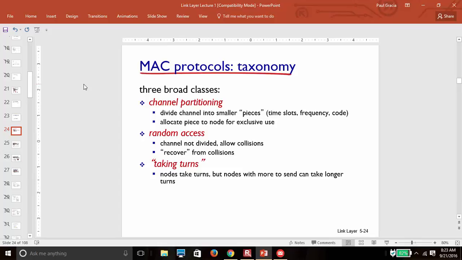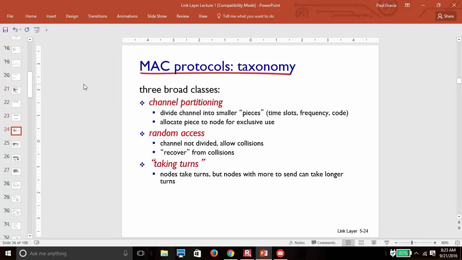Random access works really well if you're the only person broadcasting. It could work very poorly if many nodes are broadcasting simultaneously, because you have to allow collisions and then have some way to recover from them.